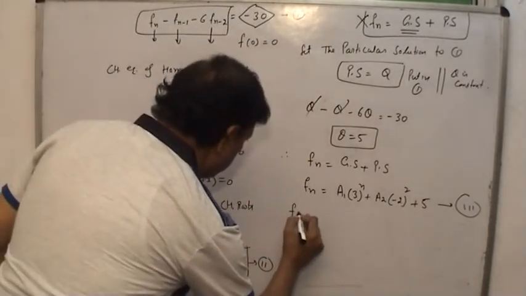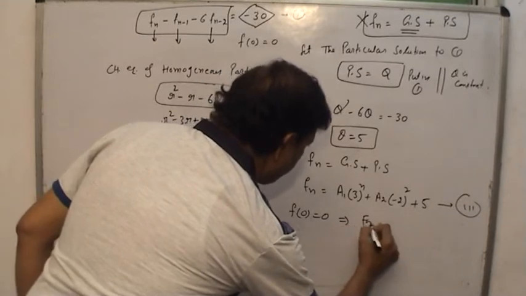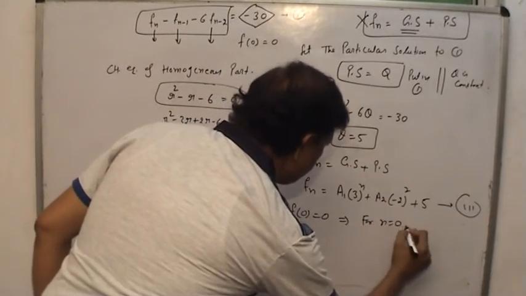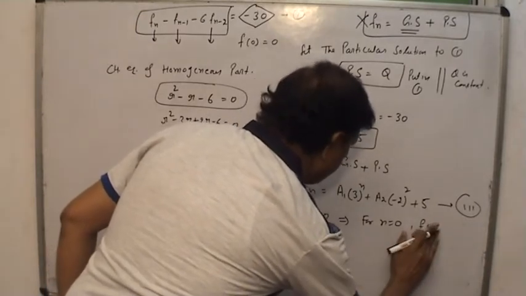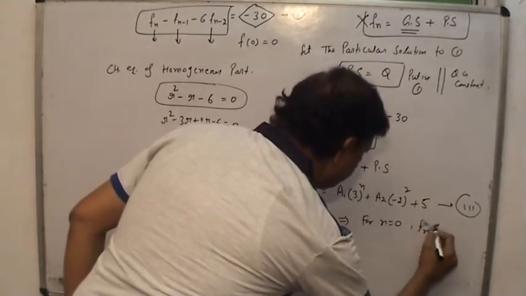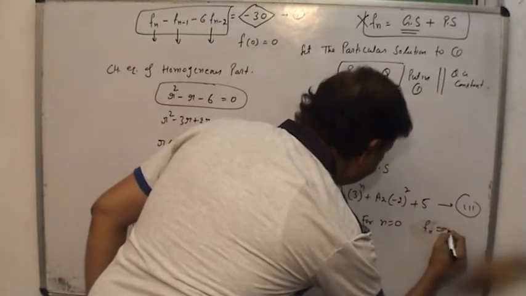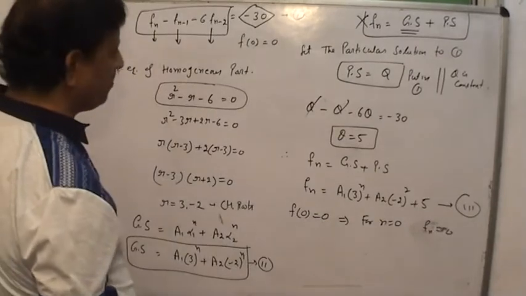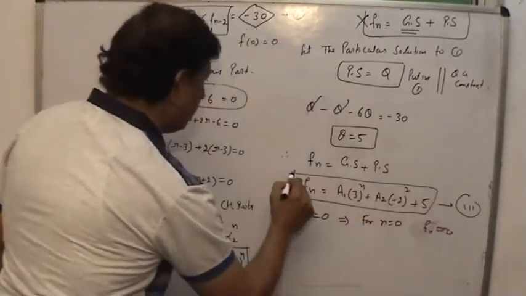Then F0 is equal to 0 implies, for n is equal to 0, Fn is equal to 0. So we put this condition in number 3.